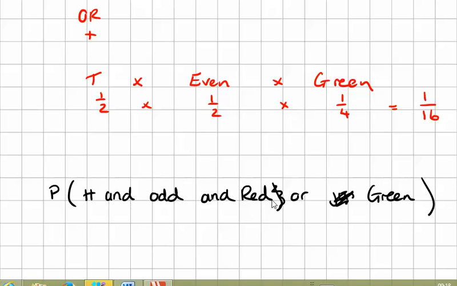But this is head and odd and red. Not just times it by another quarter. This green adds lots of possible options. I need you to reconsider. It was far too quick.